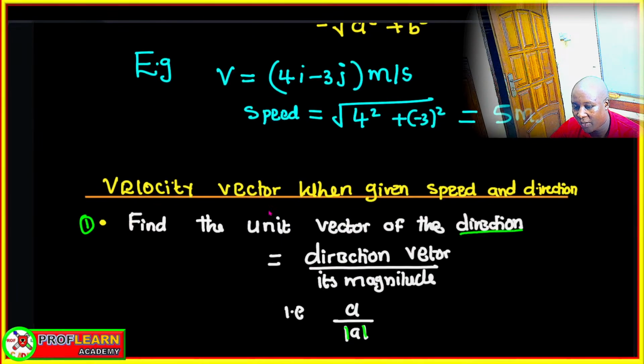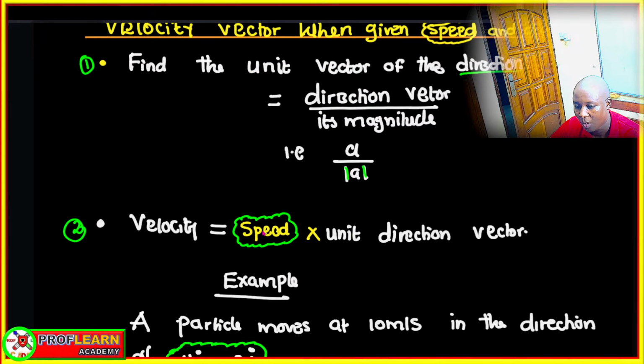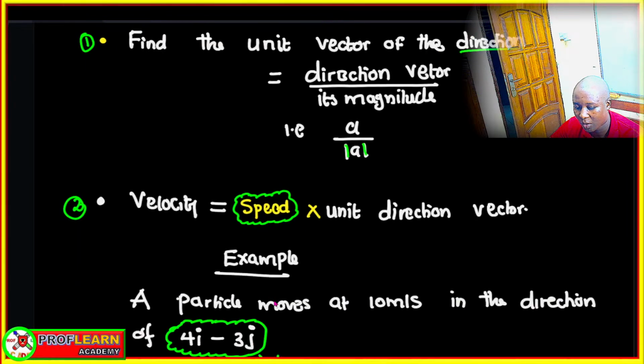But if you are given a direction and the speed, you can find the velocity vector by first finding the unit vector of the direction and then multiplying that unit vector by the speed.